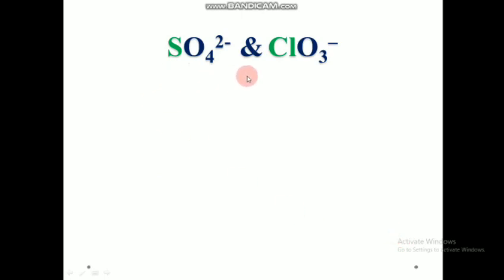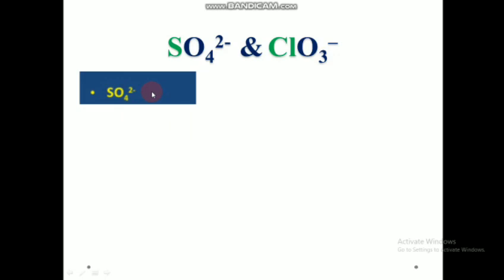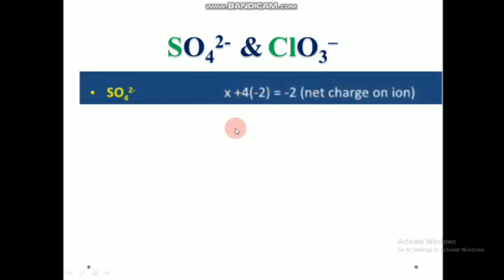Now we are finding SO4 2- and ClO3 -. In SO4 2-, the 2- is the net charge. It's not the oxidation state of oxygen which is shown here. So for SO4 2-, we can write the equation like this. X is the oxidation state of sulfur, which we need to find.